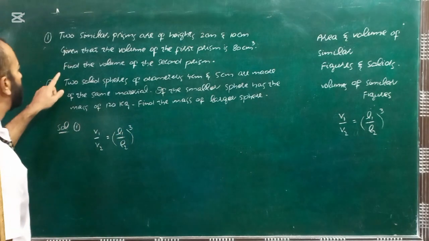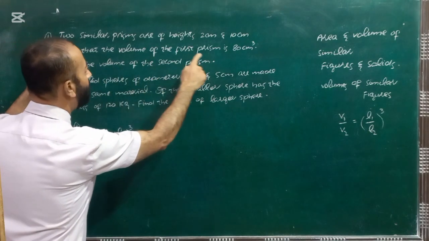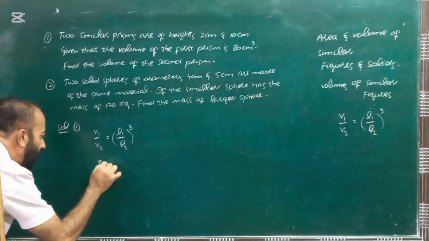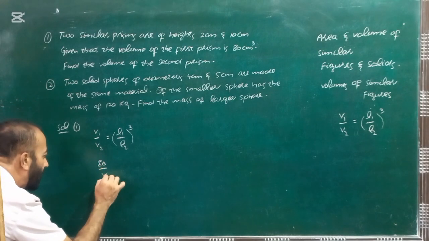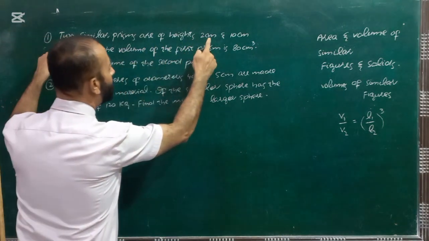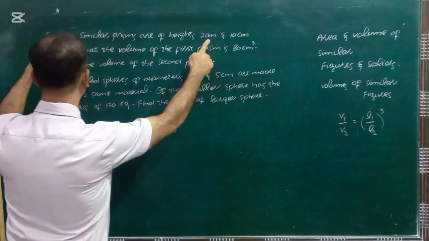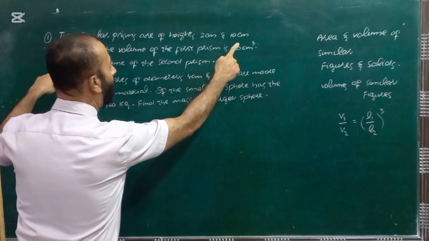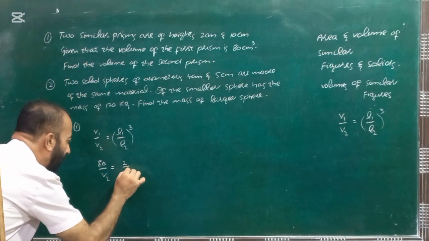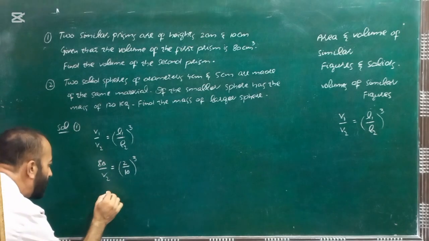So it is given that the volume of the second prism is requirement and the volume of the first prism is 80 centimeter cube. So first prism volume is given, that is 80, and second is the requirement. Or height. So first prism's height is given, that is 2 centimeter and second is 10. So 2 over 10 cube. So from here solve it.